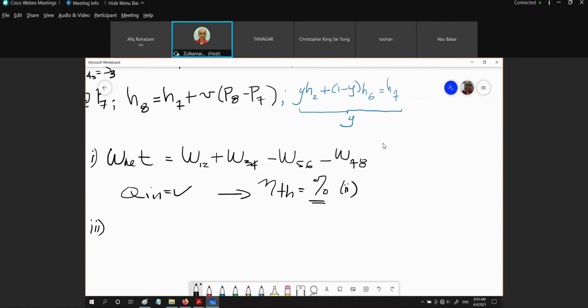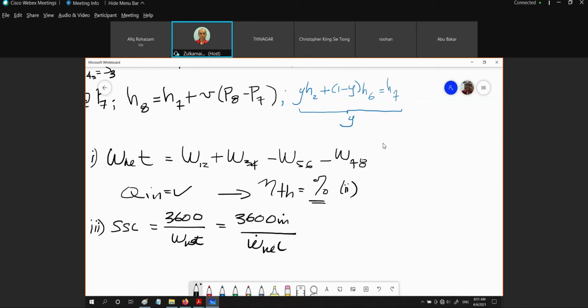This should be the third one, which is equal to SSC. We have two formulas: 3600 divided by W net, or 3600 M dot divided by W net.